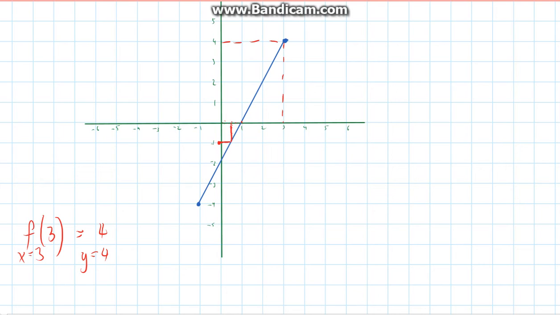If they said find the value of x when f of x equals 2, I go to 2 on y, because that means y is 2. Cross until I hit the line and read down, so x would also be equal to 2 in that case.